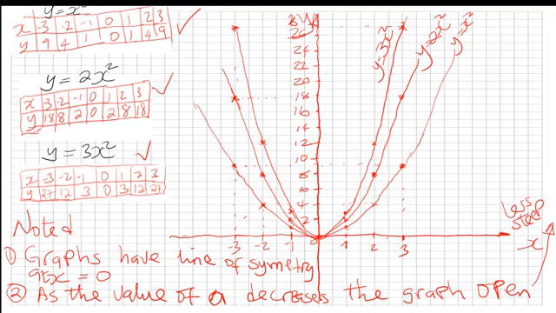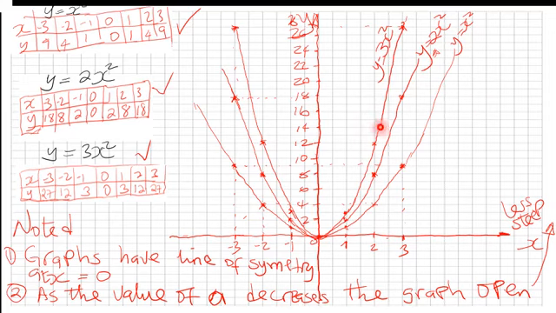Okay, so here in this graph y is equal to 3x squared, which means our a is 3. On this one our a is 2, on that one our a is 1. So what this second observation is saying is, as the value of a, that constant a, in this case 3, 2, 1, decreases, the graph opens up.